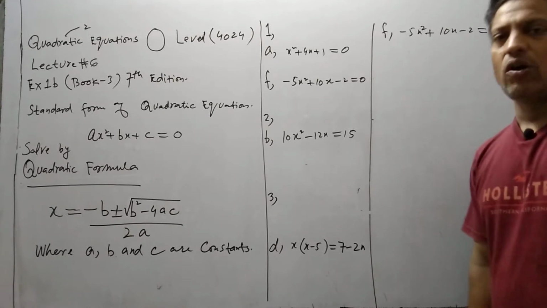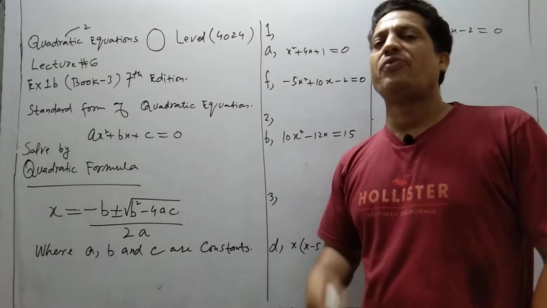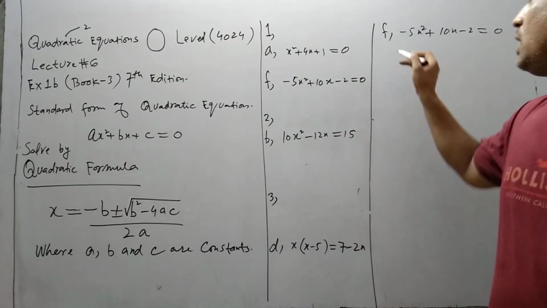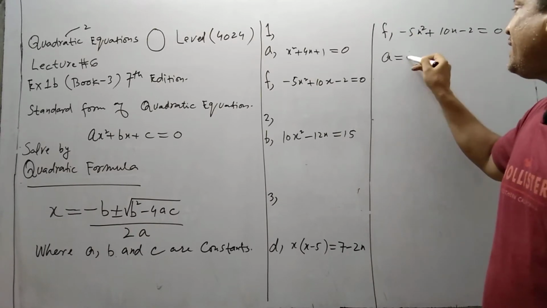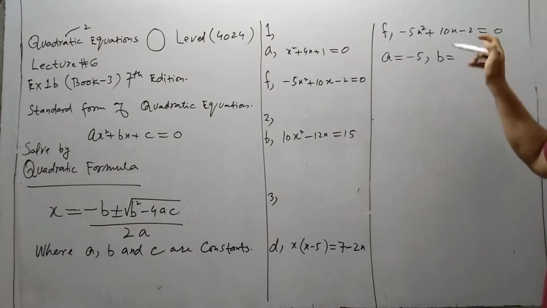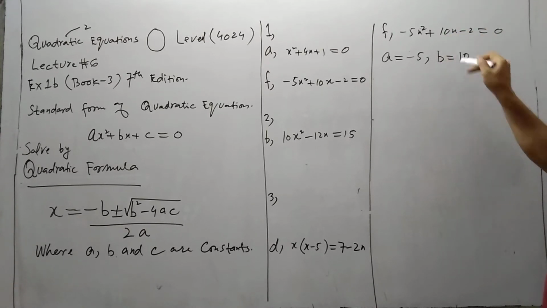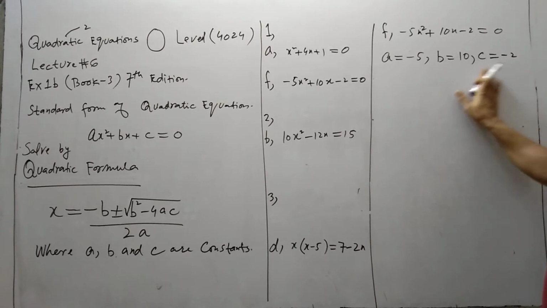So by applying quadratic formula, we first obtain the value of a, b and c. What is the value of a? The coefficient of x square. In this case, the coefficient is minus 5. What is the value of b? The coefficient of x. The coefficient of x is 10 and the value of constant is minus 2.